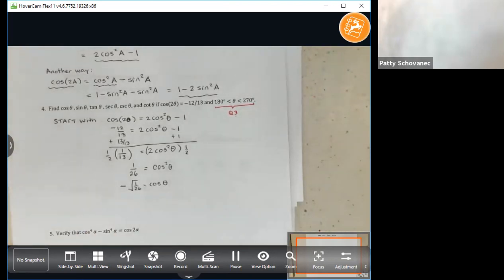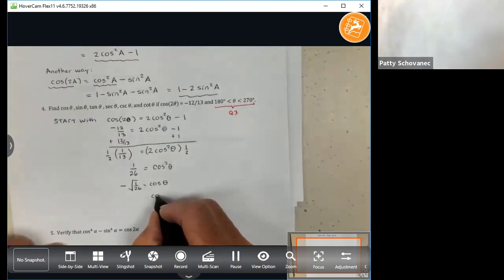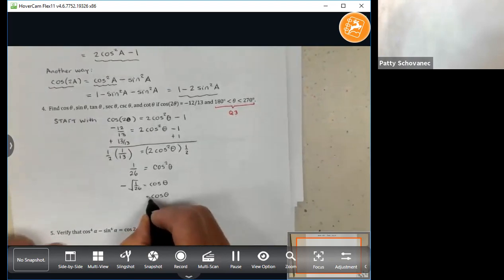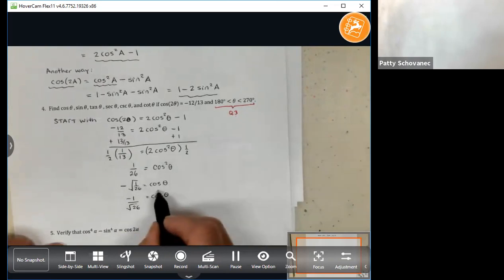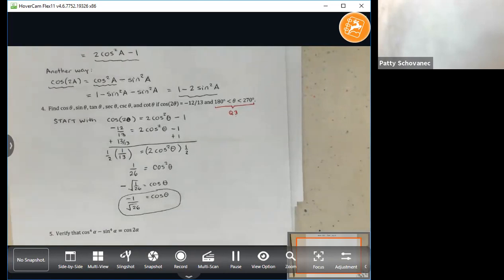So we take the negative square root of it. Since the square root of 1 is just 1, I can write the cosine of theta as negative 1 over root 26. Now we have one of the trig values of theta.